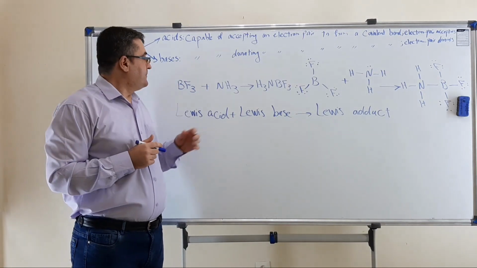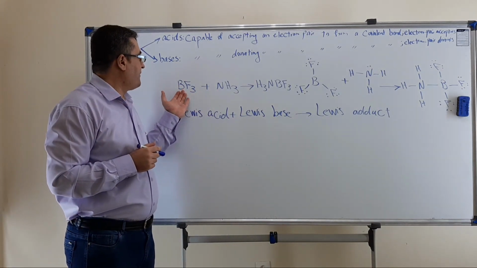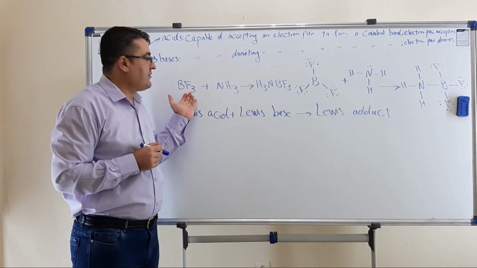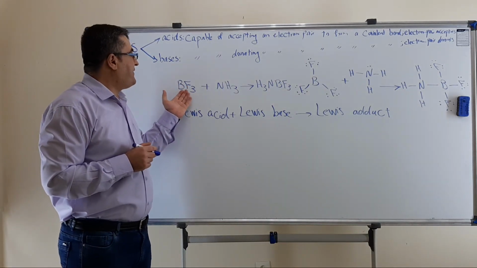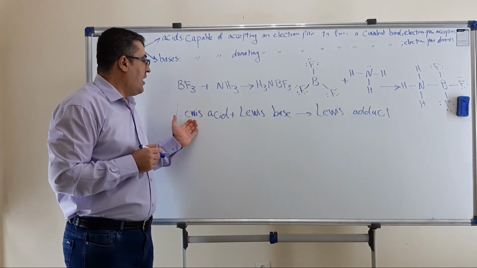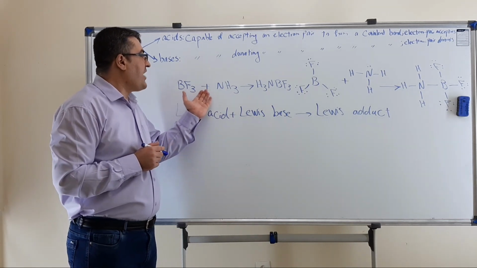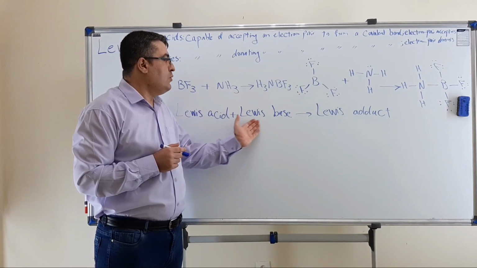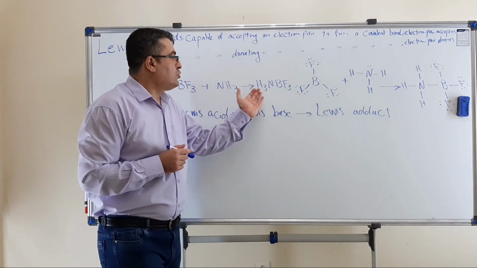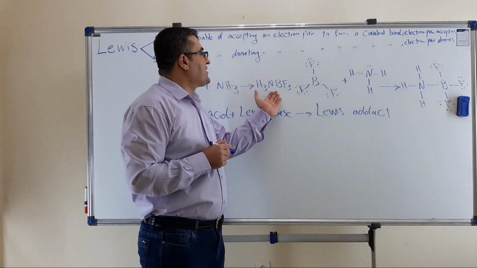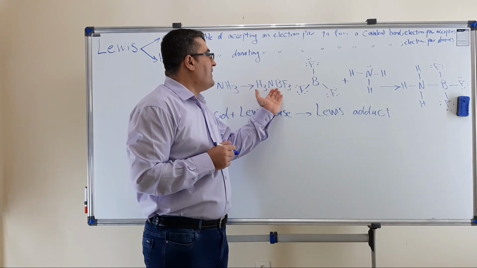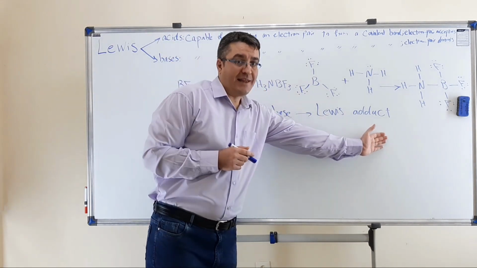For example, in this reaction, BF3 as a Lewis acid in an addition reaction reacts with NH3 as a Lewis base to yield a single reaction product, H3N-BF3, as a Lewis adduct.